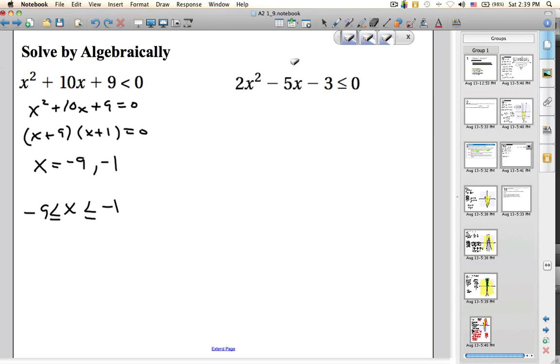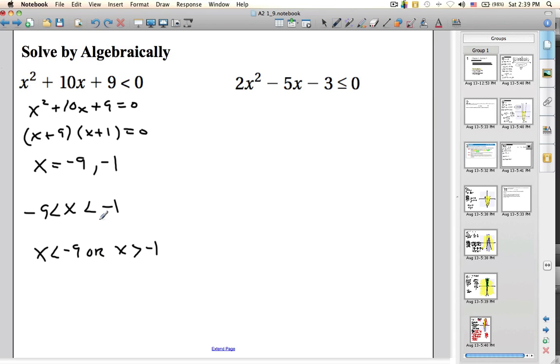I put or equal to, but my signs will have to match what's there, right? So that was a mistake on my part, and I'm fixing that. Or it could be that x is less than negative 9 or x greater than negative 1. So here my x values lie in between the two. Here they lie beyond.